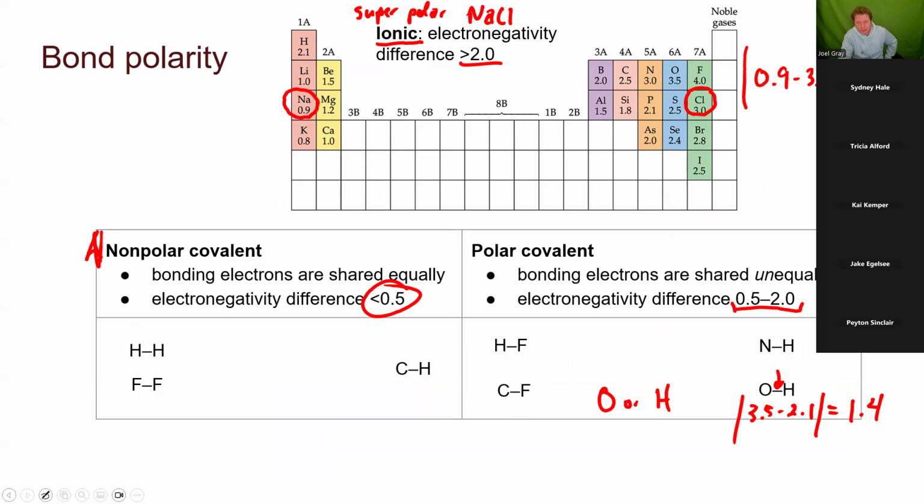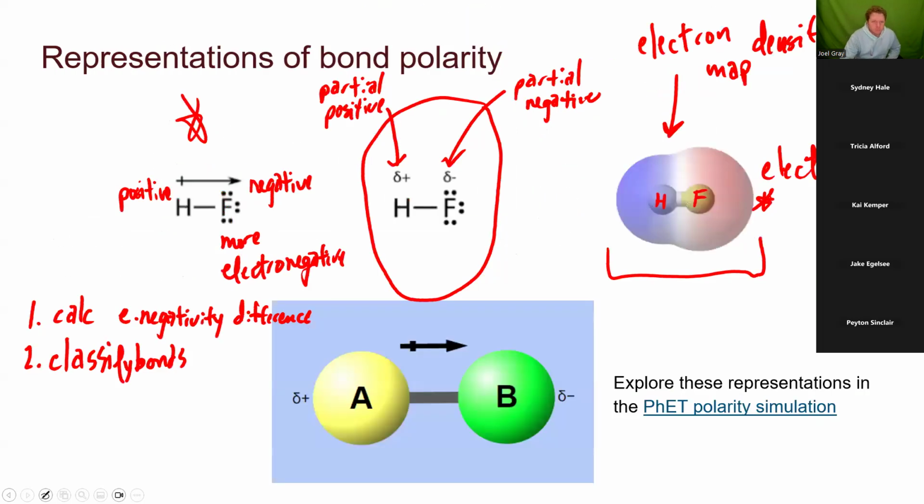Arguably, you could say I need to know one range, 0.5 to 2. Anything below that is nonpolar. Anything above that is ionic. I will always give you the electronegativity values so you can calculate that difference, and then based on that difference, you can classify. Then I want you to be able to apply those numbers and identify which is the more electronegative element.